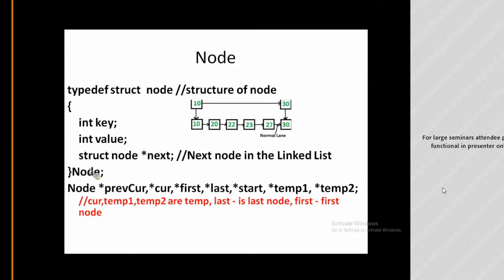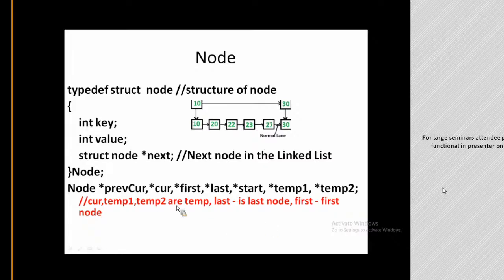Now again, because I'm doing typedef on this node, I'm creating multiple pointer variables of the node type: for the previous, cur, first, last, start, temp1 and temp2.